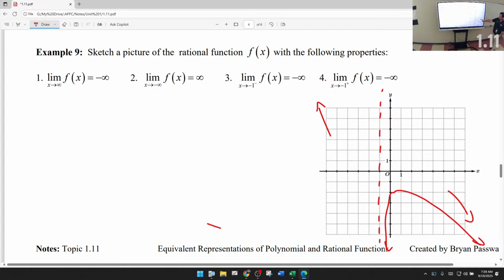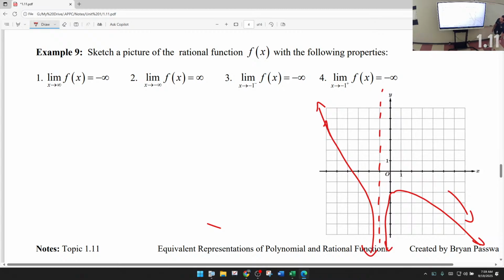And the same thing here, because as I'm going on this side, I'm at negative infinity. My guess is I have like a slant in here somewhere. But with 29 of you in here, you can draw it 29 different ways. As long as you got an arrow here, 2 arrows going down, and you got this arrow going down and that arrow going up. And that's all they gave me.